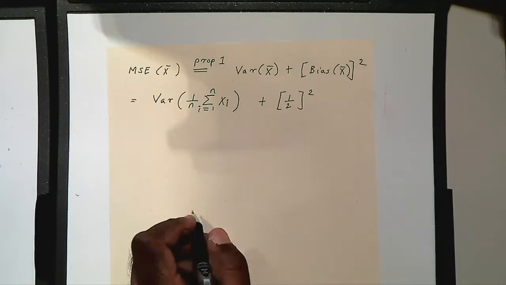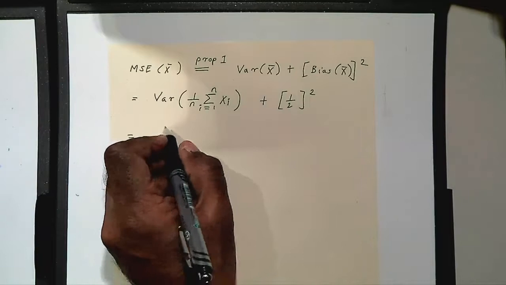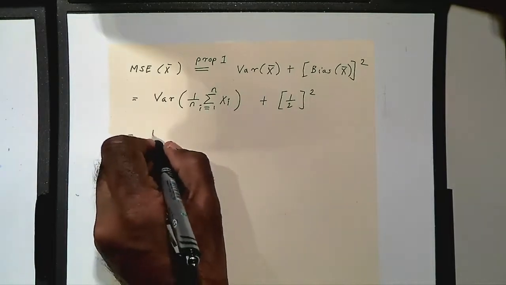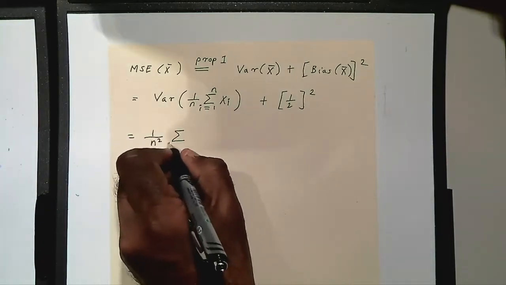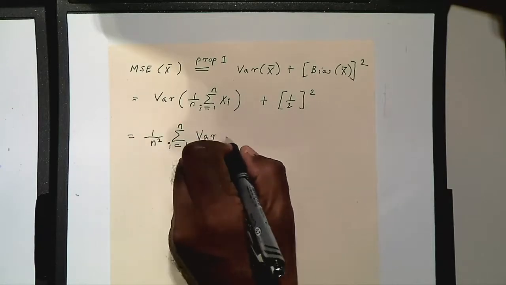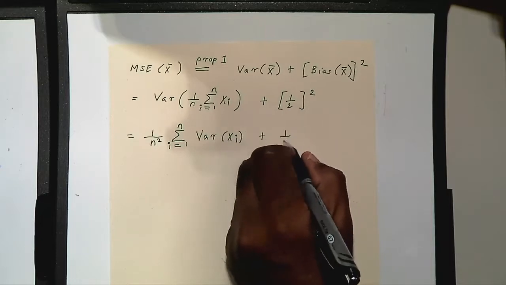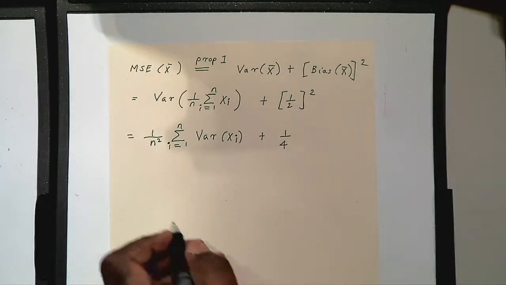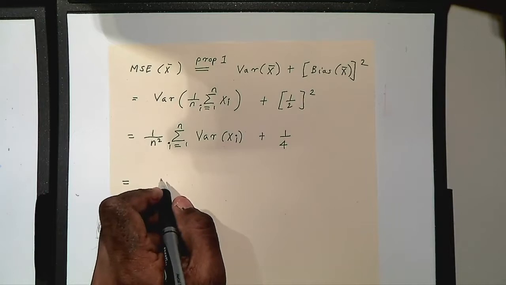Okay. Now, if you take the variance inside, you get 1 over n squared. Okay. Now, do you guys remember the variance of a uniform variable?